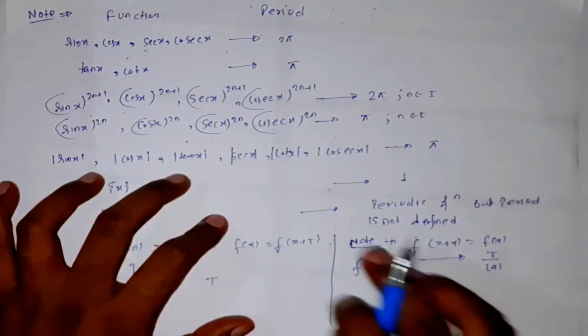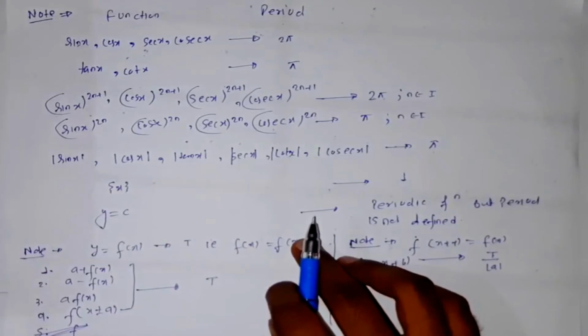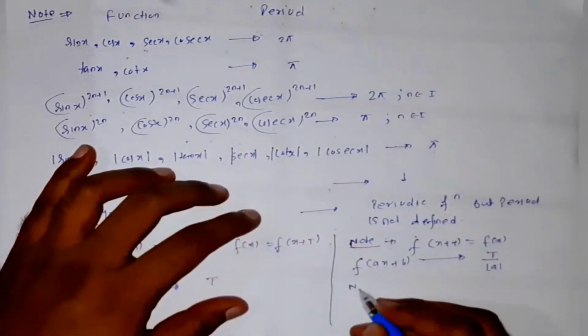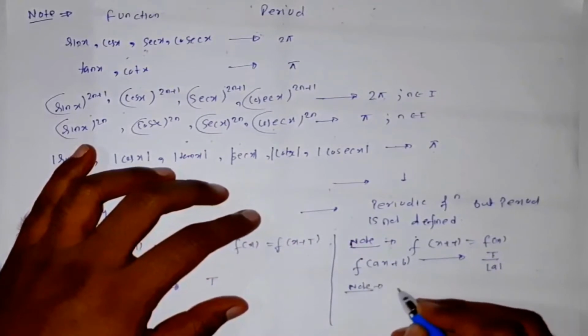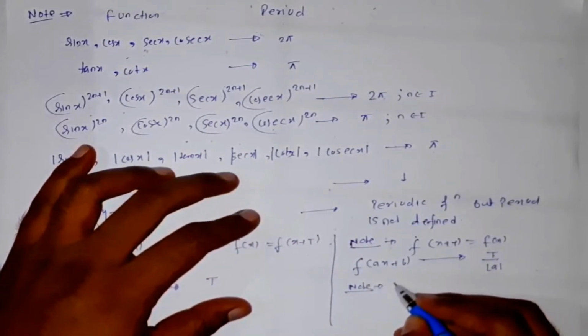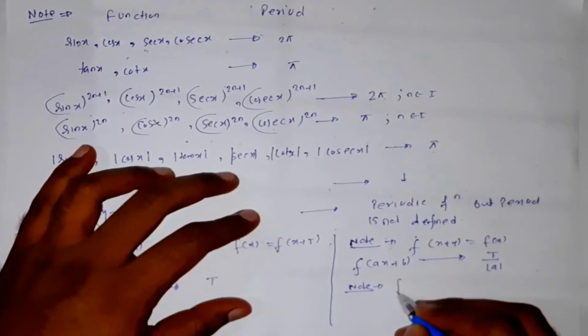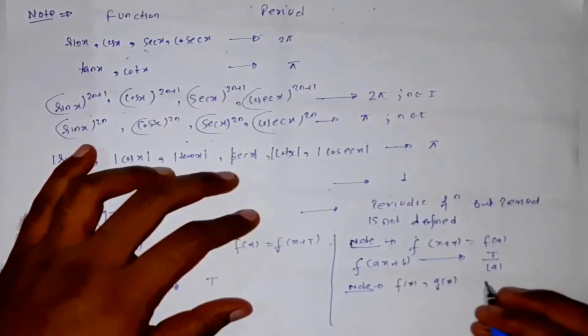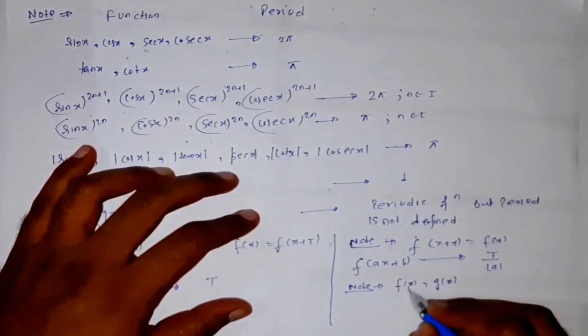Okay, now what we will do, simply make one more note. Let f of x and g of x be two functions with periods t1 and t2.